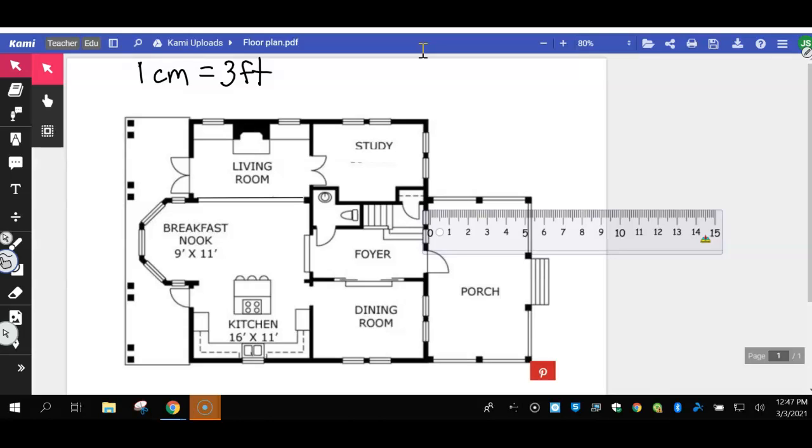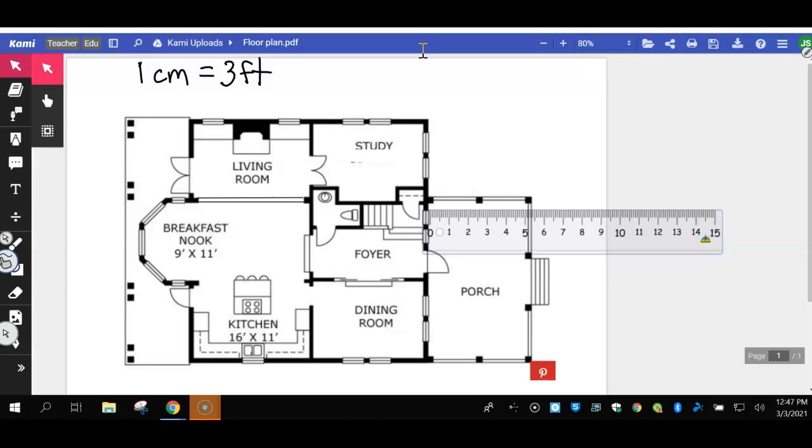The metric side is the 30 side. That's the side we're going to use. And when you get in your careers, if you get into any kind of manufacturing or engineering, or if you do anything internationally, you're going to use the metric system.